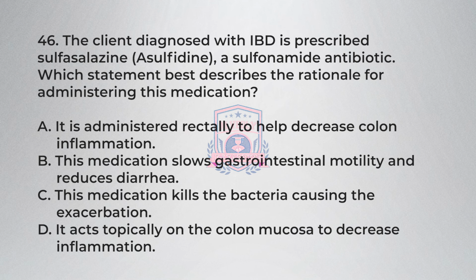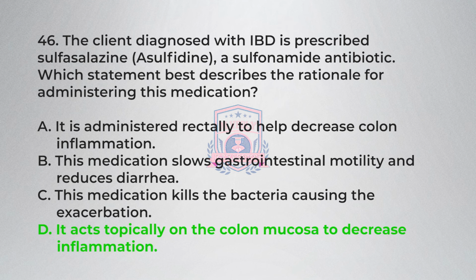B. This medication slows gastrointestinal motility and reduces diarrhea. C. This medication kills the bacteria causing the exacerbation. D. It acts topically on the colon mucosa to decrease inflammation. Correct answer is D. It acts topically on the colon mucosa to decrease inflammation.